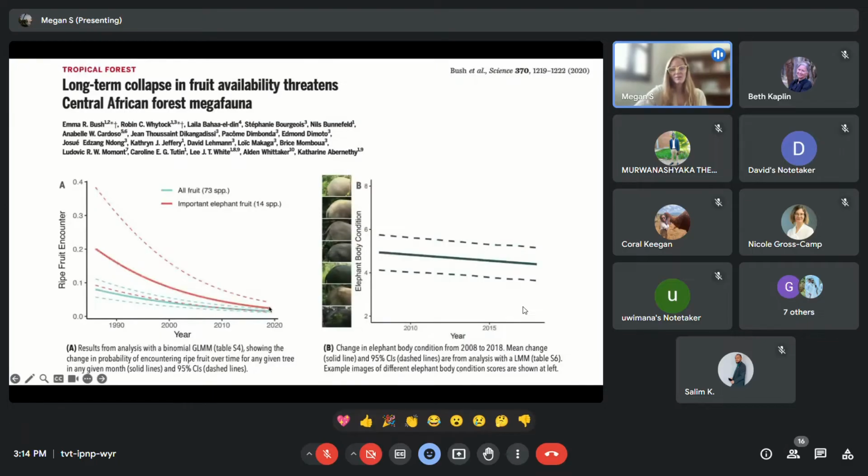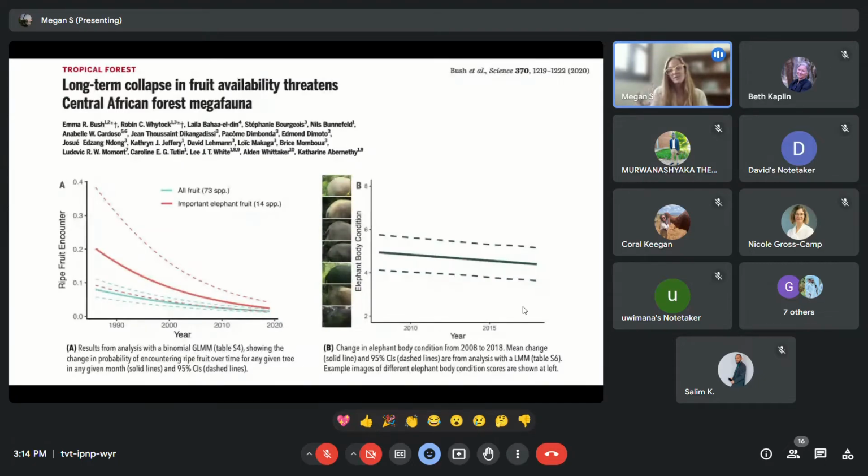And they wanted to know whether this decline in fruit production had an impact on elephants over time. At this field site, they also had a lot of information from camera traps that captured photos and videos of elephants.